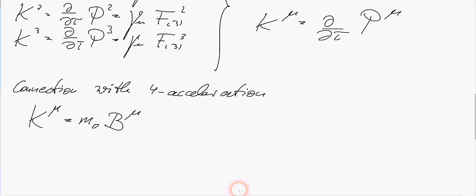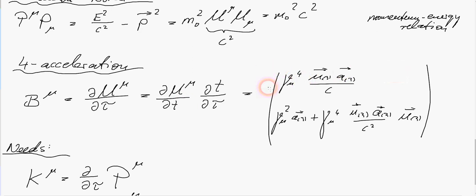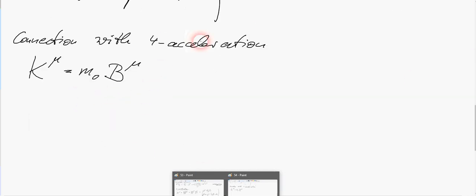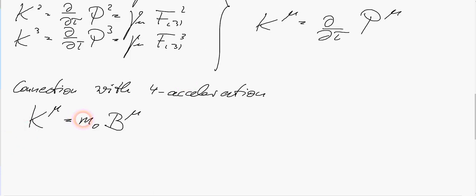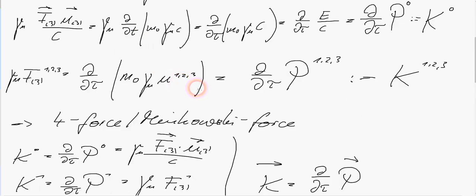And if we compare this to our 4 acceleration vector, we see what the components look like, and in case that we now multiply this by m0, we directly see that we get as result K^mu, and in K^mu we have also our expression for the three-dimensional relativistic force.